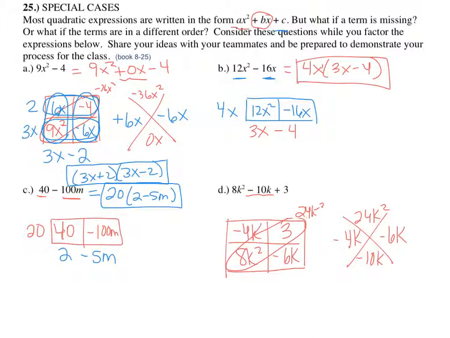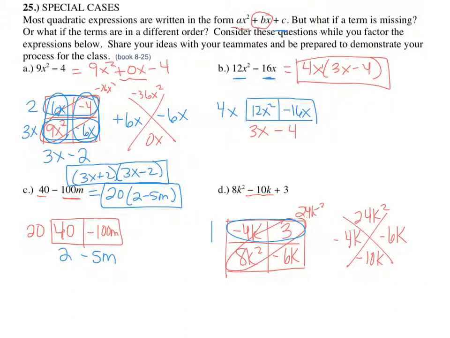Negative 4 times negative 6 is positive 24. Negative 4 plus negative 6 is negative 10. So now we factor out every row. Negative 4k and 3 are both divisible by 1. We don't have any other common factors.